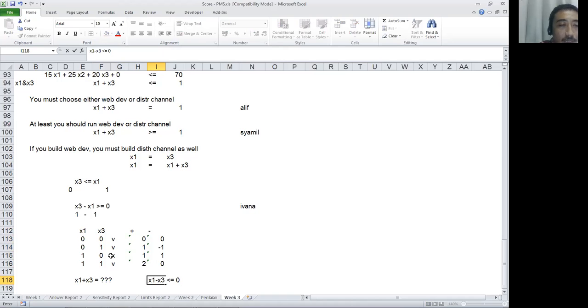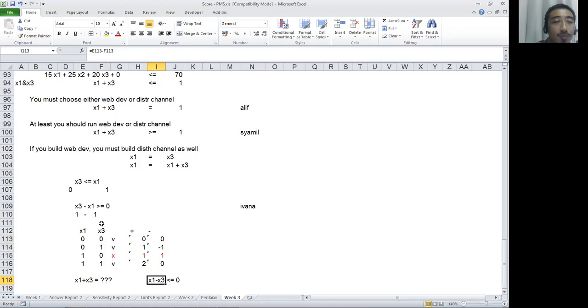The not okay is this one. So the result of subtraction gives you a pattern: 0 okay, minus 1 okay, 1 not okay. It means that x1 minus x3 less than or equal to 0 will be okay.